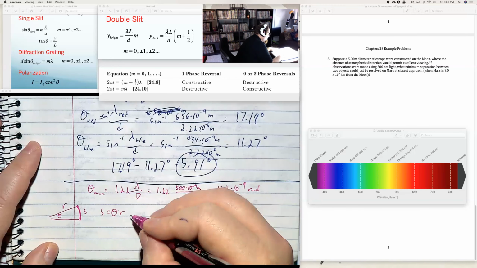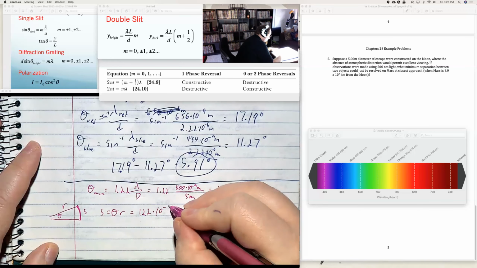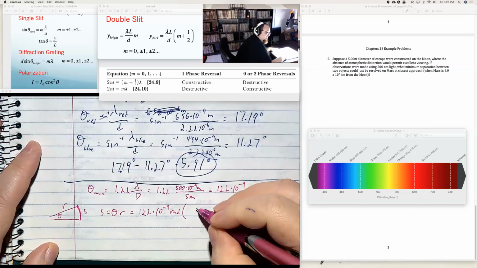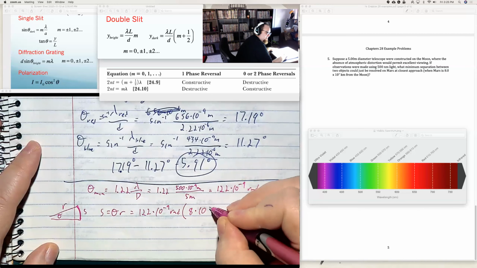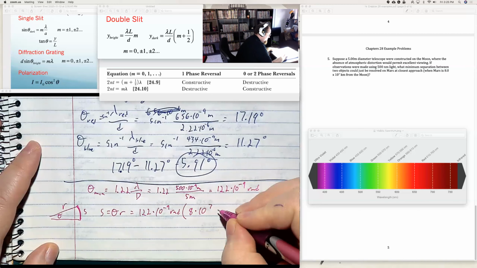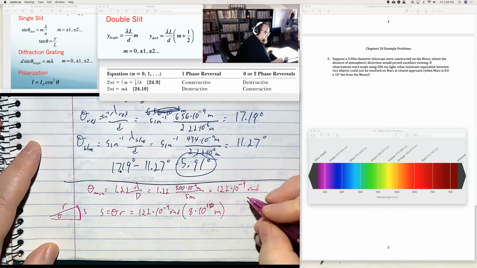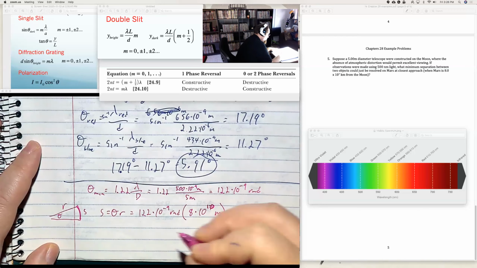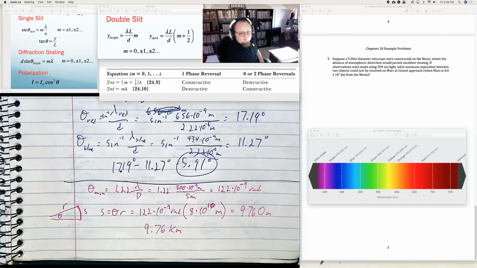So the size of thing you can see would simply be 122 times 10 to the negative 9 rads, times our distance away, 8 times 10 to the 7th kilometers, or 10 to the 10th meters. And you get 9760 meters, or 9.76 kilometers.